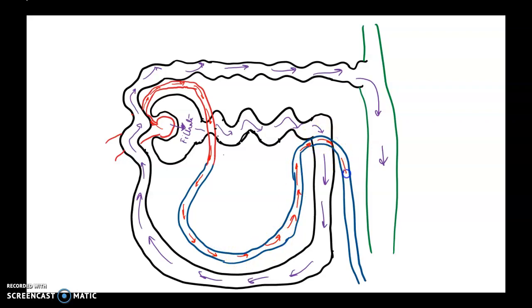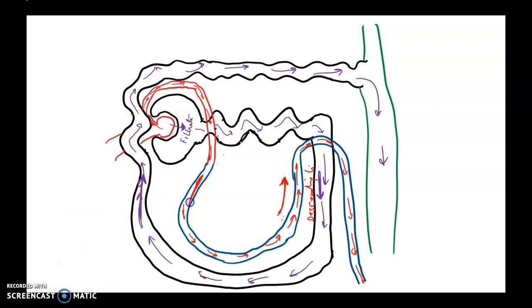Why am I even showing this to you? I want you to look at the descending limb of the loop of Henle, which is this one, and I want you to look at this segment of the vasa recta. Do you see that the fluids are moving in opposite direction? And the same is true for this part in the ascending limb.